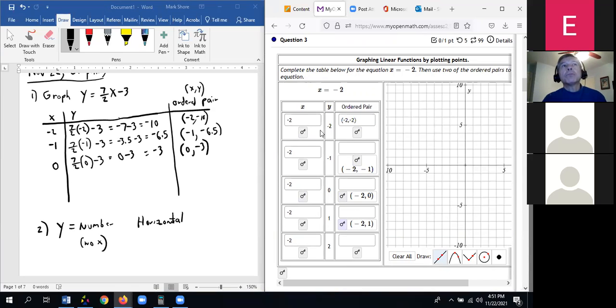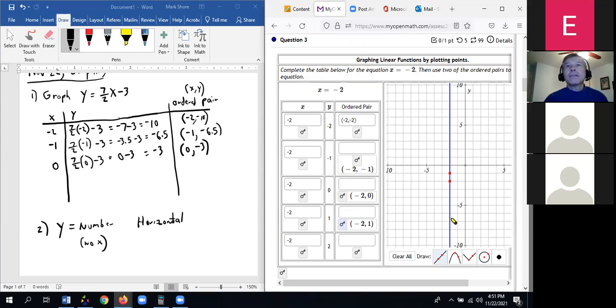Now, when you graph these, watch what type of line you get. So we get a point at (-2, -2). So it's over -2, down 2, right here. And then another point we get is at (-2, -1). So go over -2 and drop 1 right here. And what type of line does that give you? A vertical line.